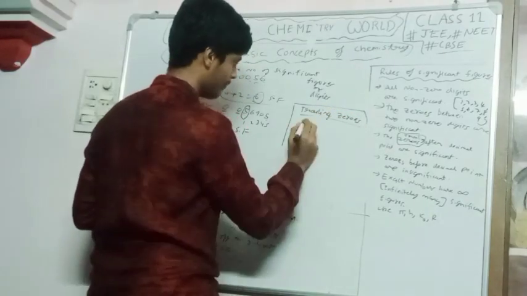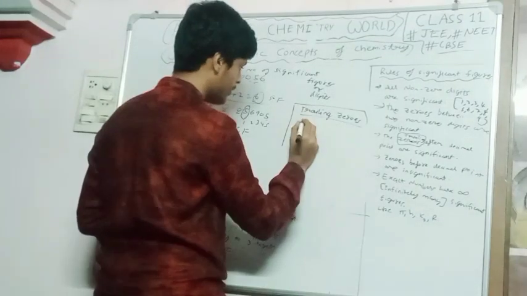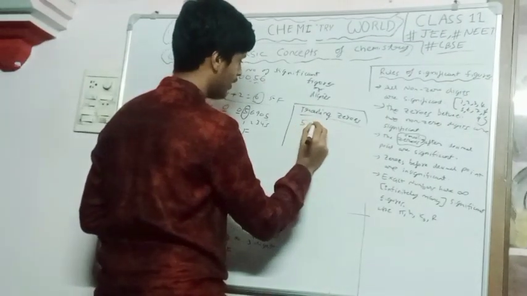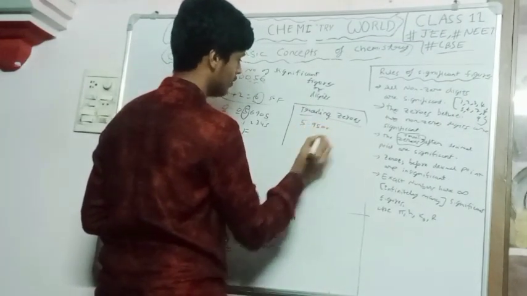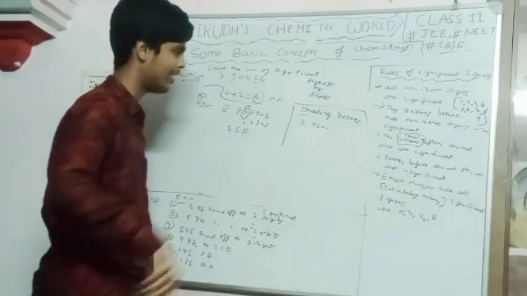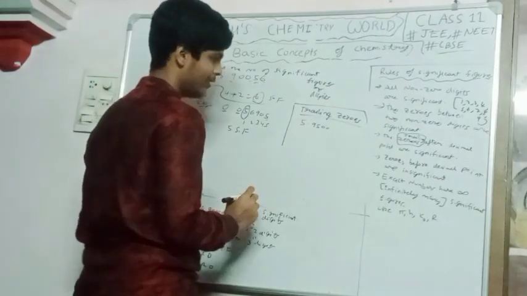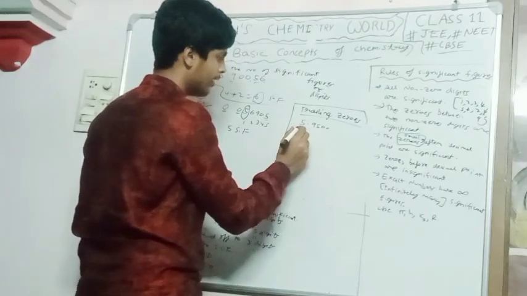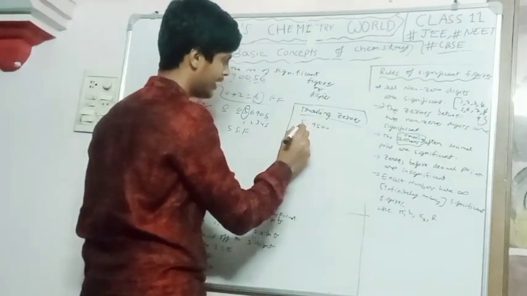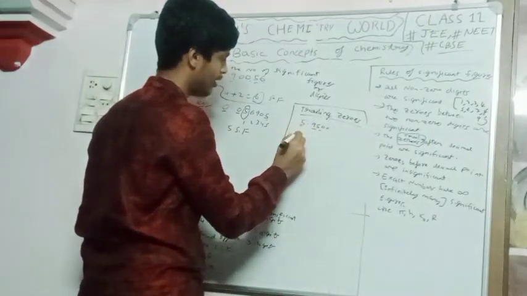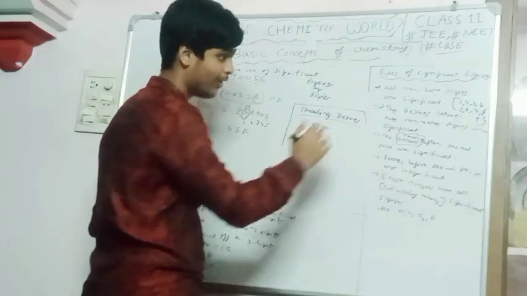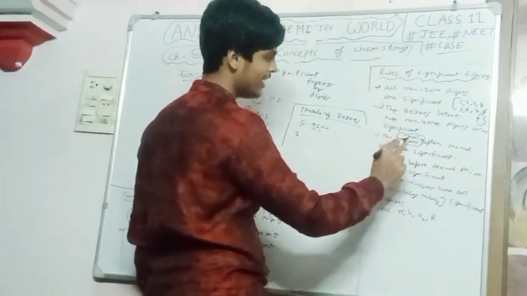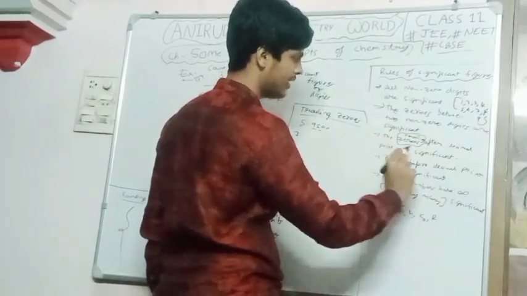Trailing zeros. If you have a number like 3.9500, and I ask how many significant figures are there, first count non-zero digits. How many are there? 1, 2, 3. 3 non-zero digits are there. And according to this rule, the trailing zeros after the decimal point are significant.